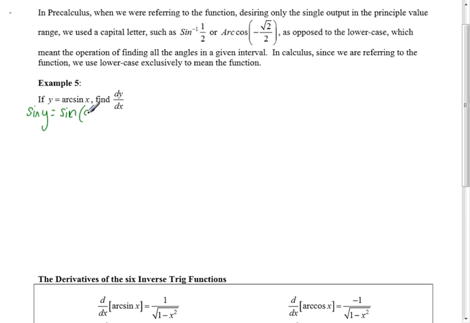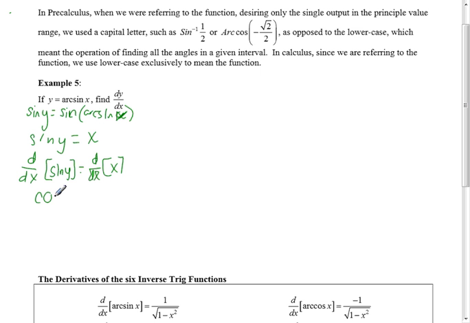Then we end up with sine y equals sine of arcsine of x, which is just x. Now if I take the derivative of both sides, the derivative of f of x is just x.